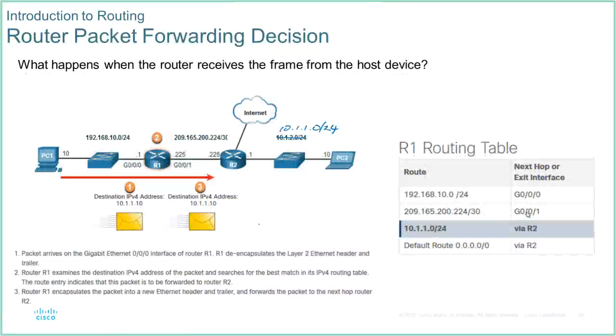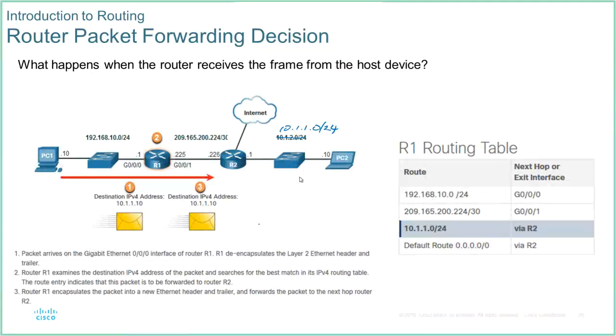Then we've got the 209 network that links it to router 2 via interface G0/1. And because router 2 shared this network connection with router 1, router 1 knows it can get to 10.1.1.0 via router 2.